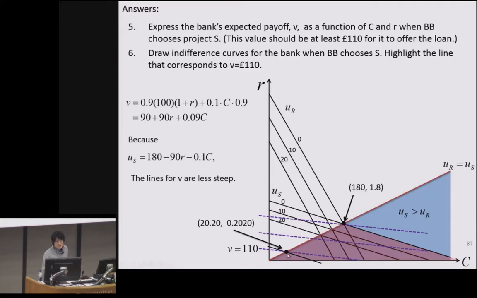And the intersection between this V equal 110 line and this line, C equal 100R, is given by 20.20 and 0.2020. So if the collateral is 20.2 pounds, and the interest rate is 0.2020, then the bank is getting at least 110, and Brown Bakery is indifferent between the risky and safe projects.